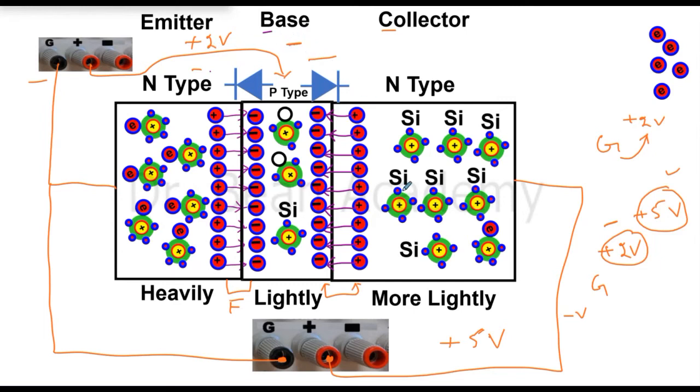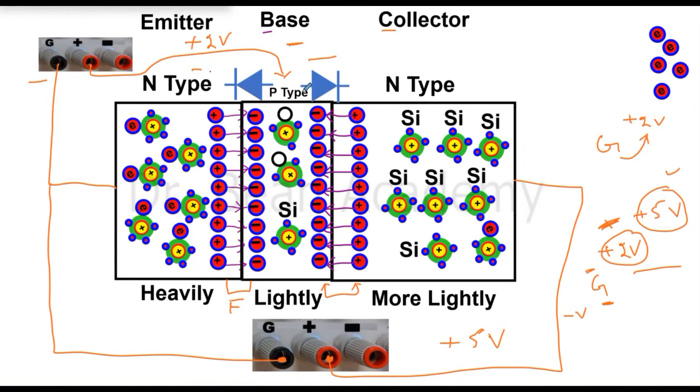This is because of the potential difference. It is still at plus 2, but when the reference point is ground, then ground is negative and this one is positive, because this is more positive with reference to the ground. But when we are taking plus 5V and plus 2V, plus 5V is more positive than plus 2V, so this is negative. The same connection, same reference, but just because the reference of the other point is different, the behavior of this point is different. Now this one is a negative terminal.